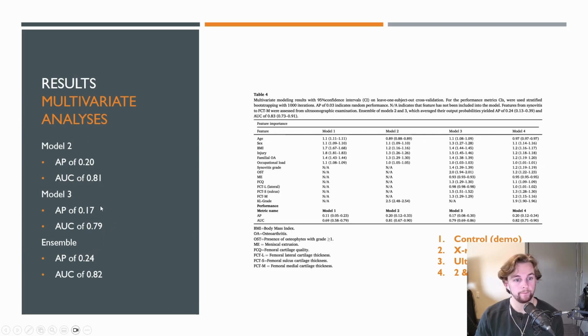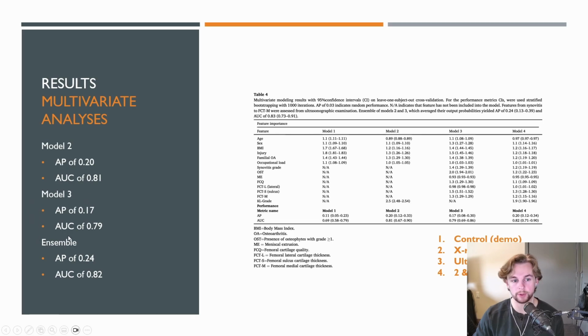Model 3 was the ultrasound and the patient characteristics, or as I just say, demo, because it was a lot of demographic categorical data. It fell a little bit behind model 2, which was the X-ray, but still, for it not being considered a gold standard, it held up pretty well.